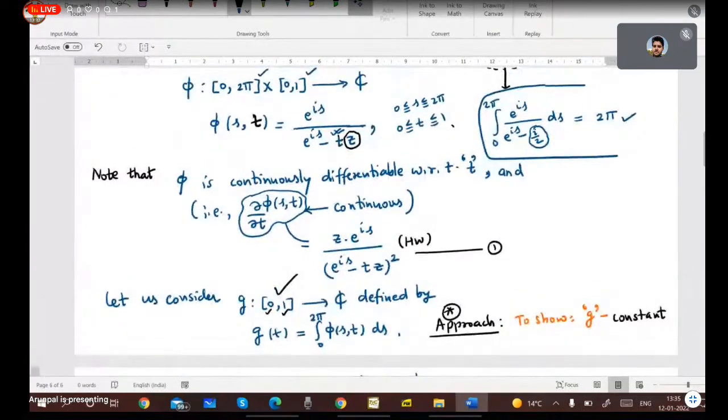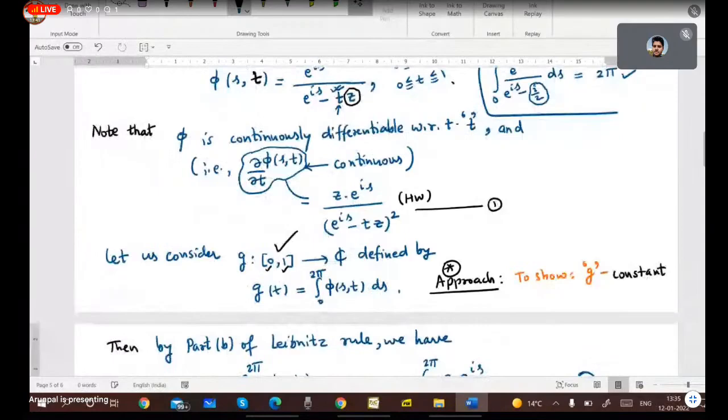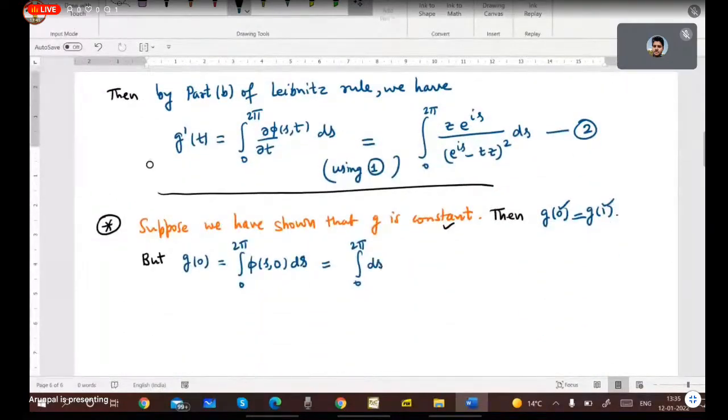Can someone tell me? 1. Very good, 1. Right, because if you put t equal to 0 here, you will be left with the same numerator and denominator. So it will be 1. So you are left with 1 into ds only, and this is coming out to be 2 pi. Right, class?